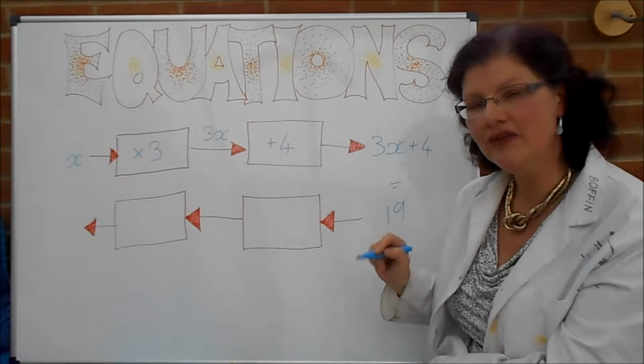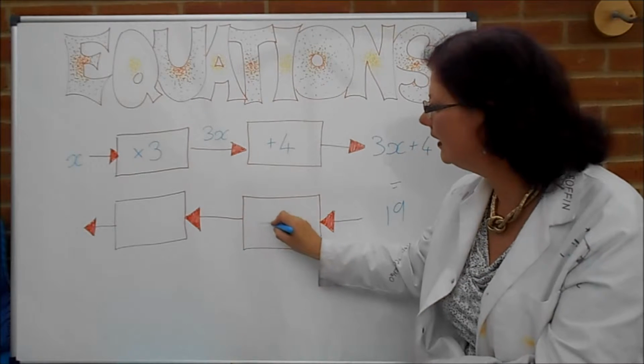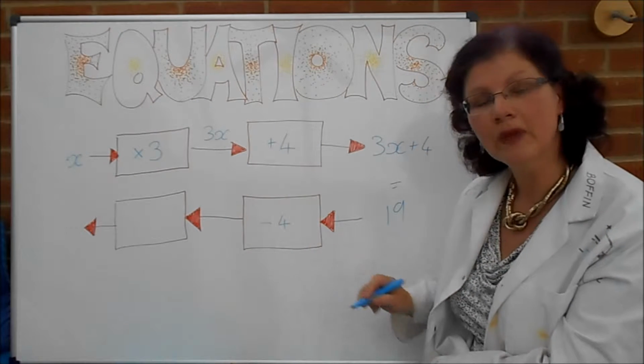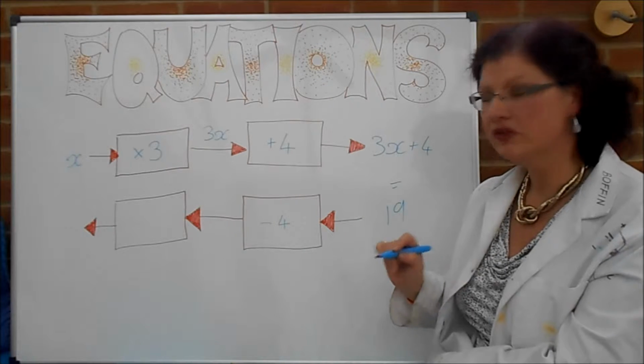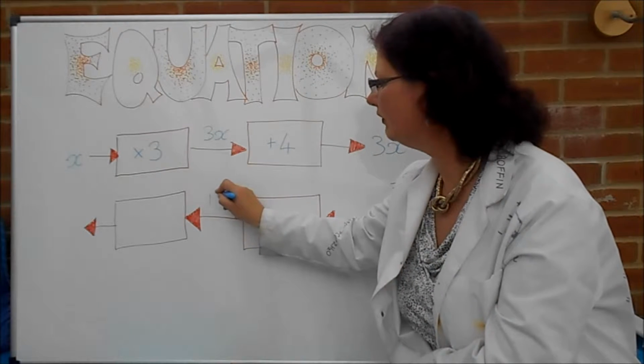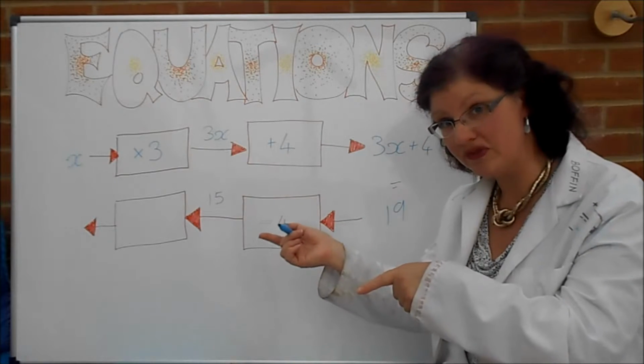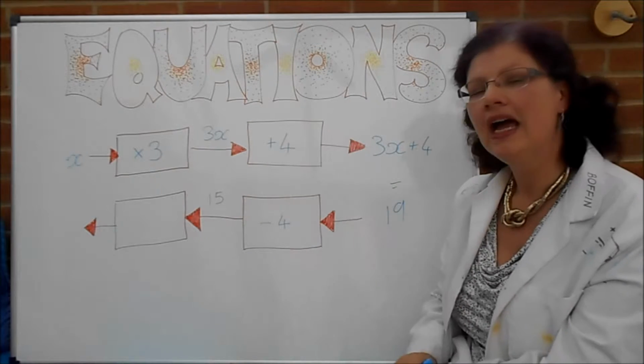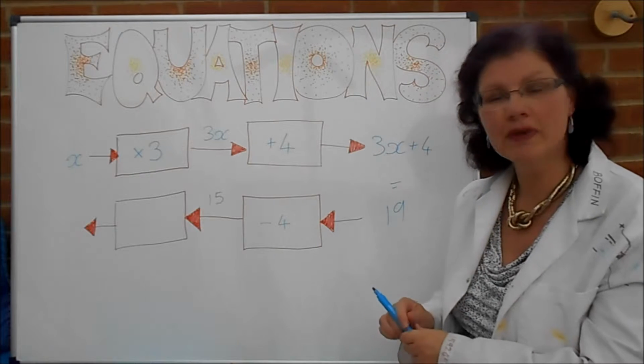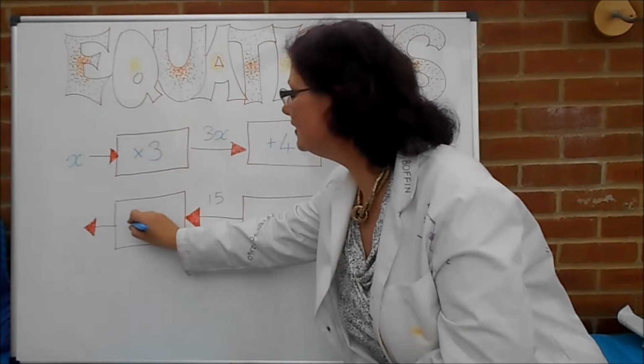And instead of being an add 4, because it's running backwards, it's now a minus 4. 19 minus 4 gives us 15. And now it's running through what was the first part of the machine, but now we're doing it second. Because we're running it backwards, it's not a times by 3, that's now a divided by 3.